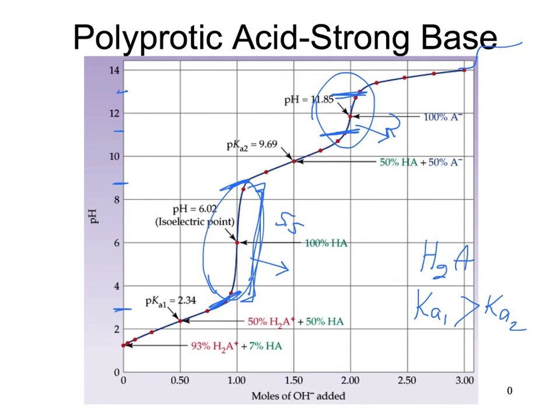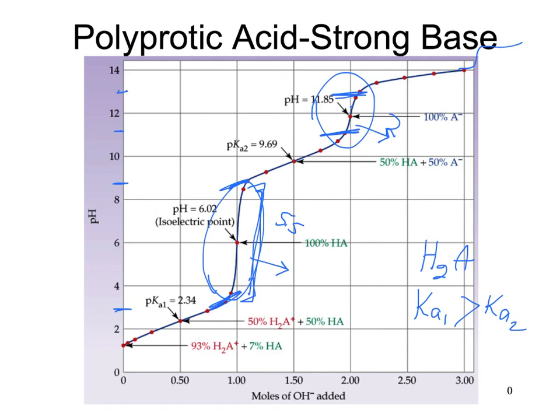Now, the first equivalence point in the titration will represent the titration of the first proton. The second equivalence point will represent the titration of the second proton, and the volume that will be required to achieve each of those is going to be the same. It's going to be identical.